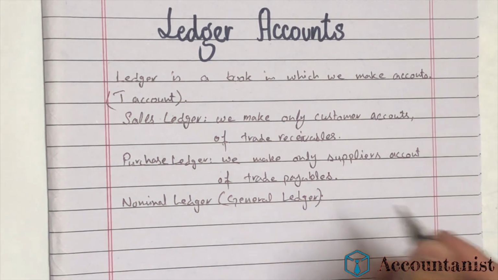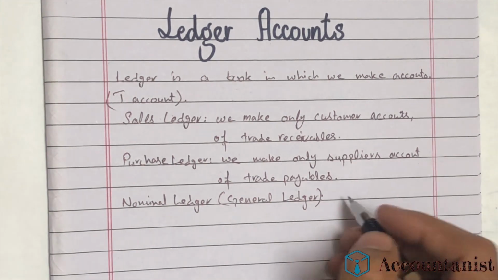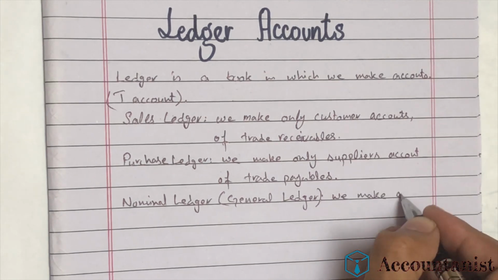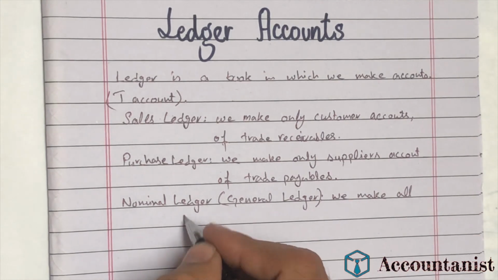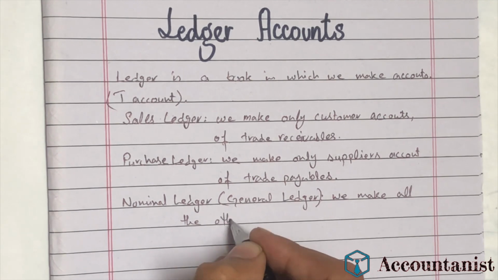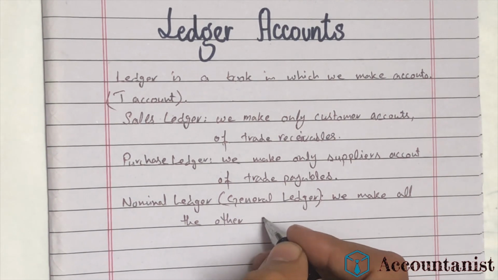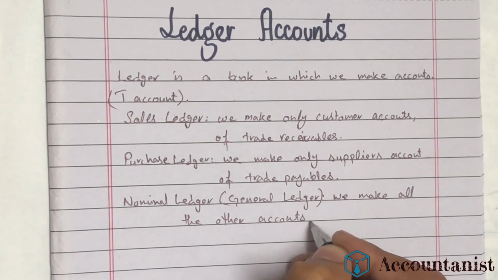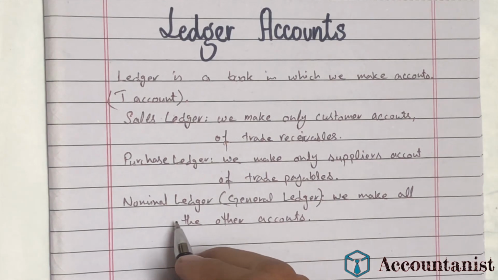In this ledger we make all the other T accounts, which means all other accounts that we need, we make in this book of ledger, nominal ledger.